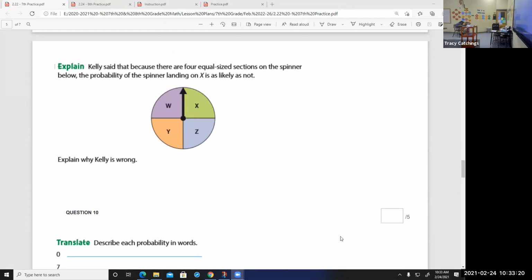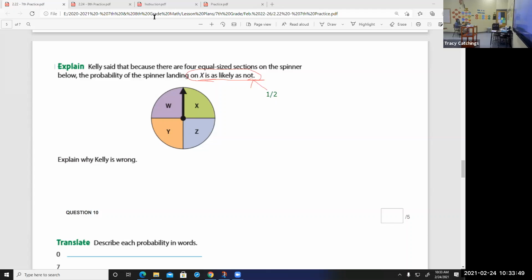All right, number 9 says Kelly said that because there are 4 equal size sections on this spinner, the probability of the spinner landing on X is as likely as not. What category do we have for likely as not? A half. All right, so ask myself, how many X's do we got?